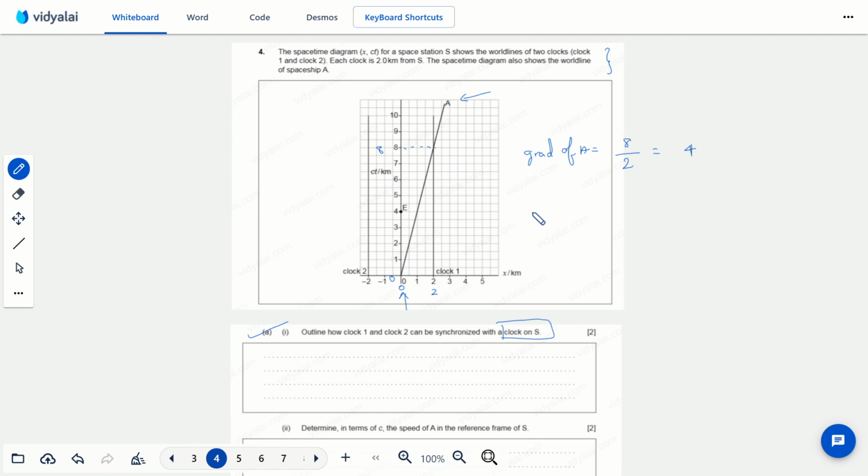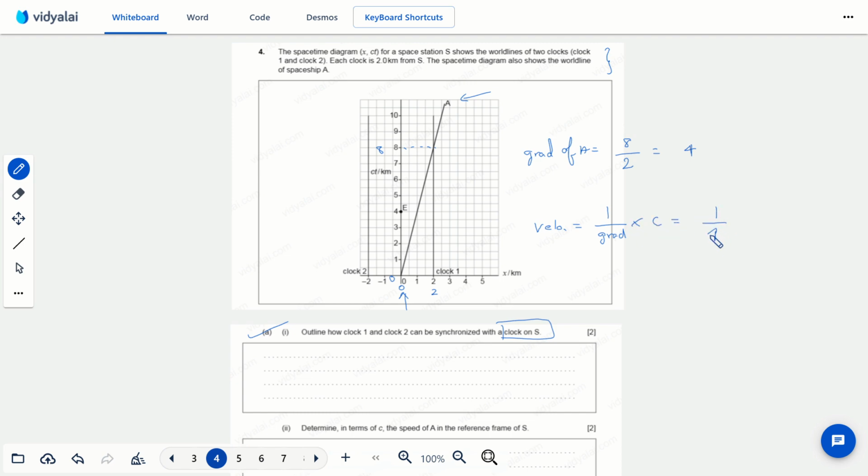So in order to find the relative velocity, we make use of this gradient and we invert its value. We don't need the gradient itself, but we need the inverse of it. And since c is already present intrinsically in the time axis, we need to make sure that we multiply by c while finding the velocity.